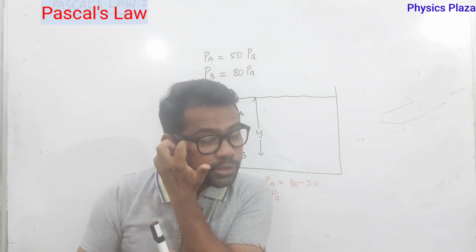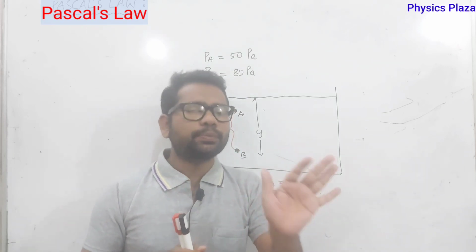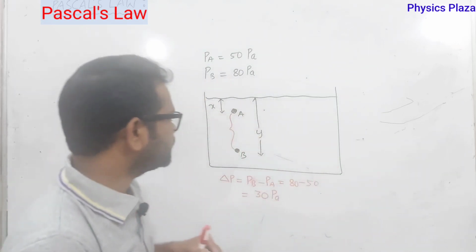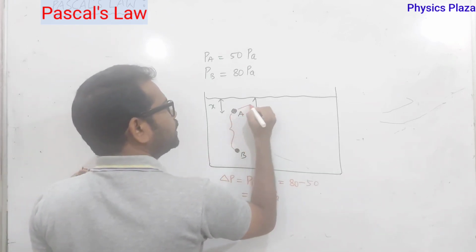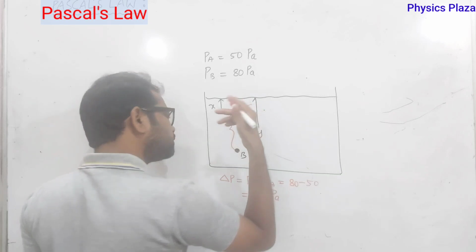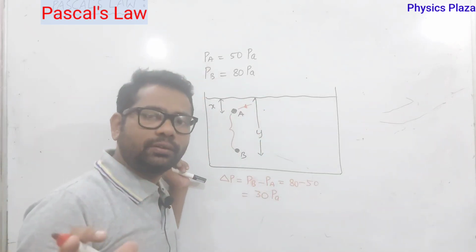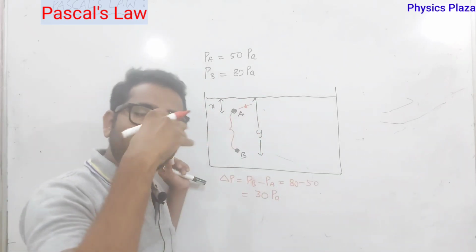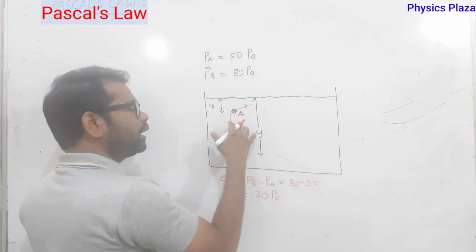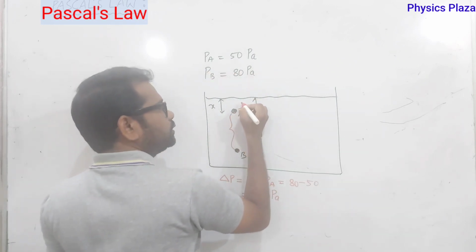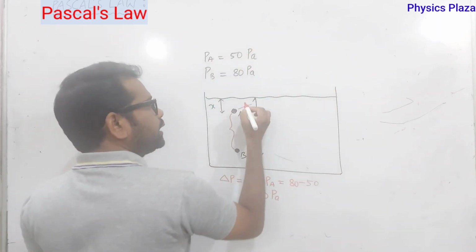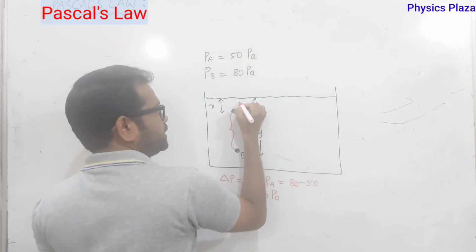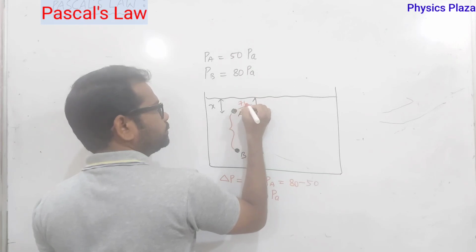Suppose, children, at point A, somehow by using some technique, you don't ask what those techniques are, I increase the pressure. The pressure of 50 Pascal is increased to, let us say, 60 Pascal.